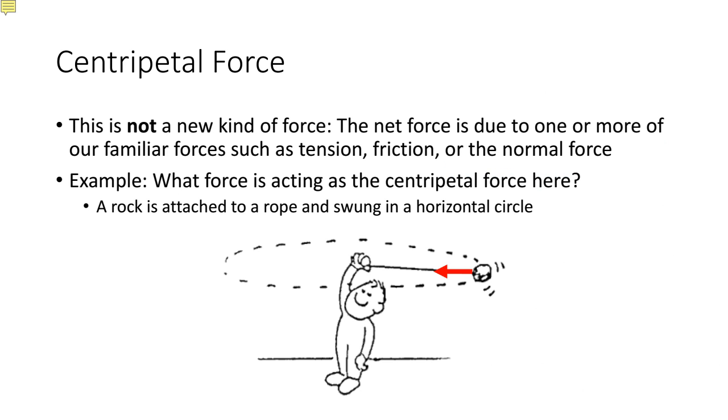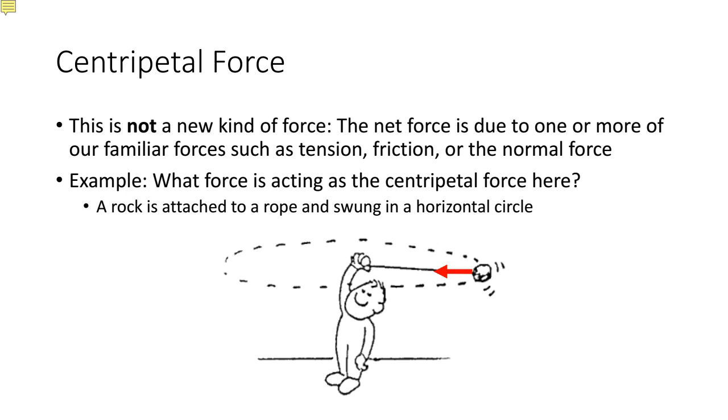So like we just said, the centripetal force is not a new kind of force. It's instead the net force that's due to one or more of our other familiar forces, such as tension, friction, or force normal. So for example, take a look at this dude down here. This dude is spinning a rock in a horizontal circle, and this picture shows that rock paused at just a moment in time.